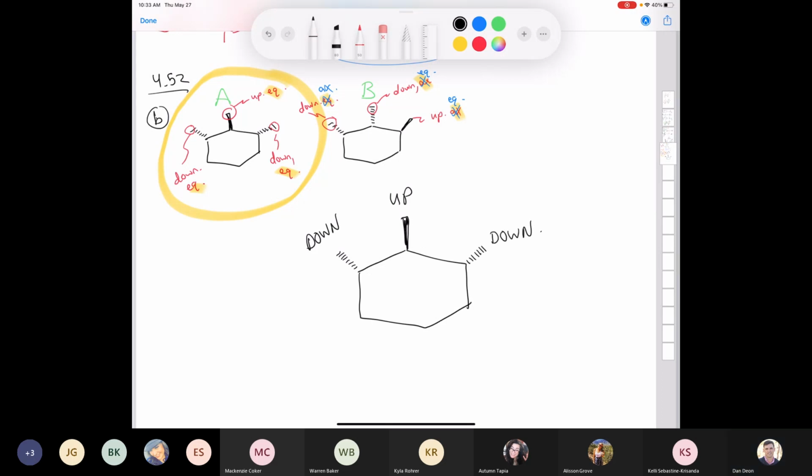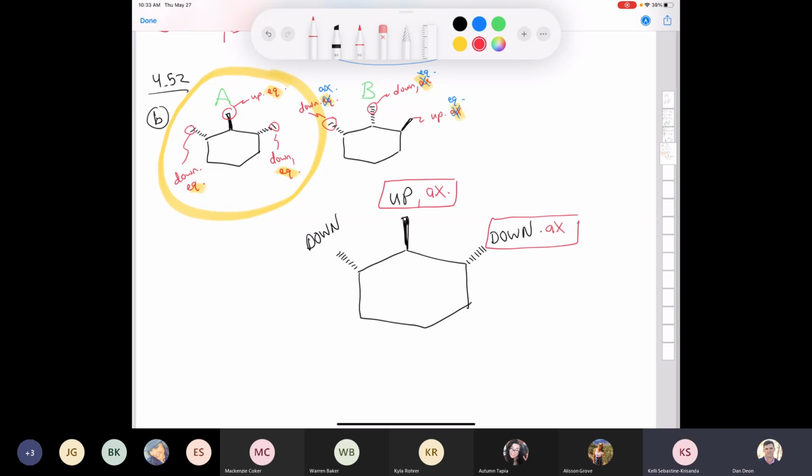So if it's up and axial, you could label it up and axial or up and equatorial. It doesn't matter, okay? So if you said it was up and axial, the next axial position is going to be pointing down because axial alternates up, down, up, down, up, down. So if this was up and axial, the next position would be down and axial.